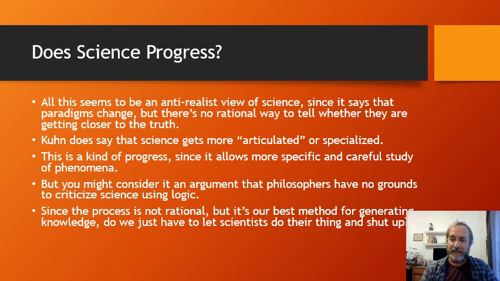What's the technique? What's the method? How is it justified? We want to understand all this stuff. And Kuhn pulls the rug out from under us and says, your tools, philosophers, are of no use here. It's not a rational thing. But nonetheless, he does think it's useful in some way.